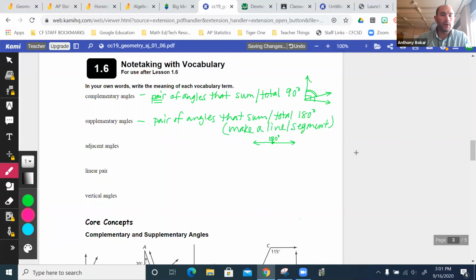Adjacent angles, those are angles that are next to each other. So we'll look at that here in a second. A linear pair. Okay, so we have a linear pair of angles that are formed on a line.